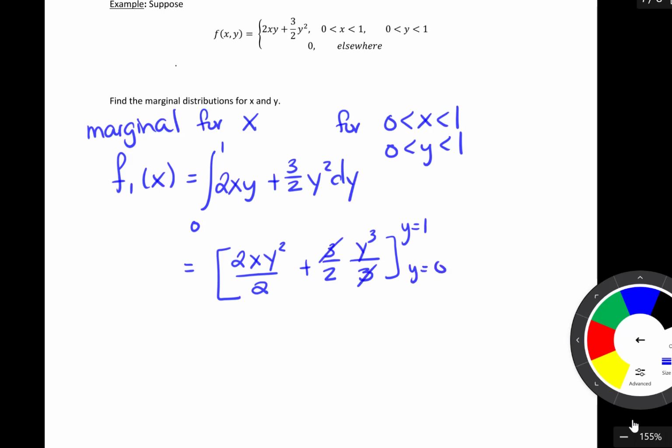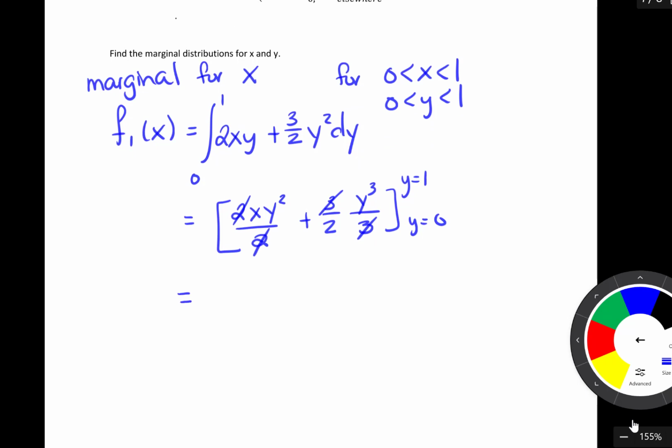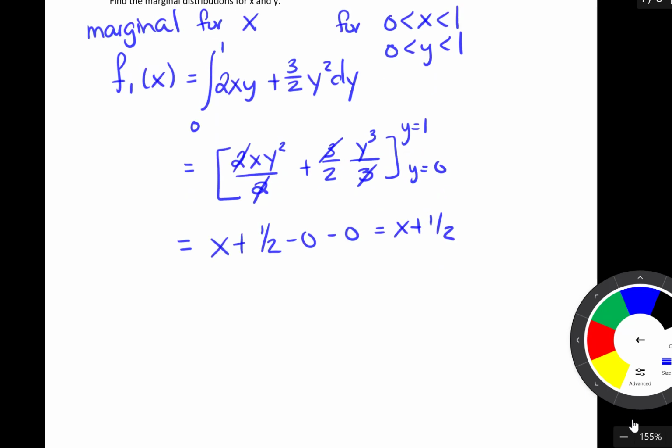We do have some cancellation here. So this gives us the marginal for x is equal to x plus 1/2 when x is between 0 and 1, and it's equal to 0 otherwise.